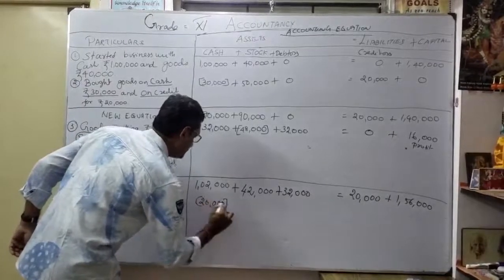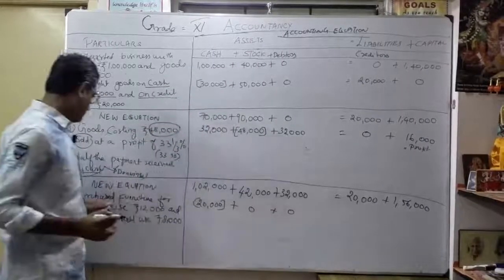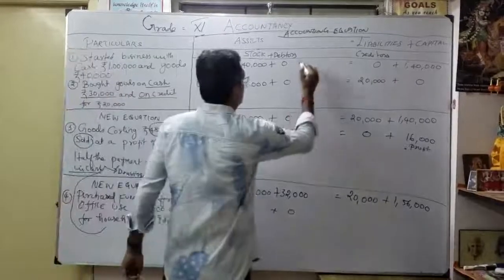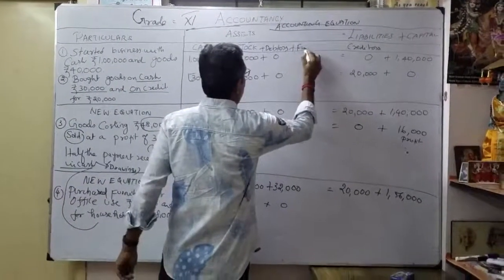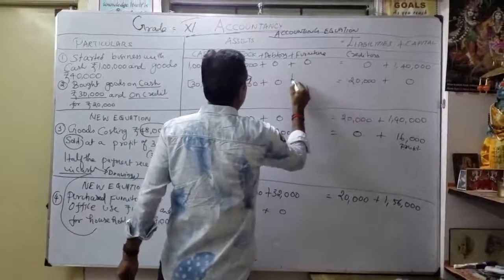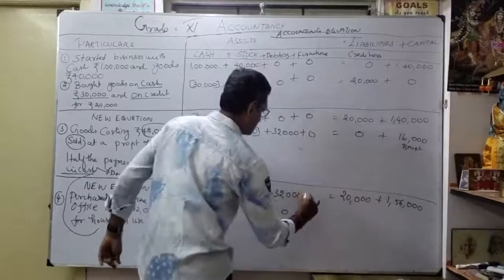But what happened? Here 0 plus 0. How much did I buy? Purchased furniture for office use. So here I create furniture. Plus 0 plus 0 plus 0. Here also 0.